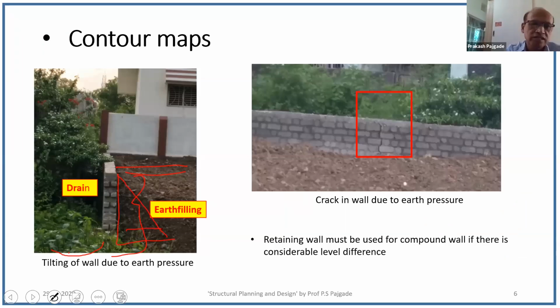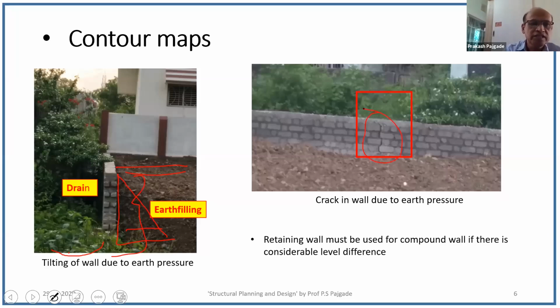Even if this height is, say, more than 1.2 meter, then large horizontal pressure will be acting on the wall, and there are chances of overturning of this wall. Now you can see slight tilting of wall is there, and in this particular photograph you can observe the crack at the center.